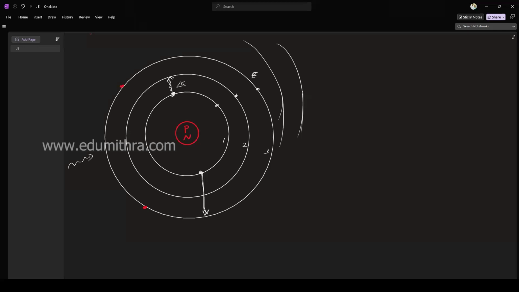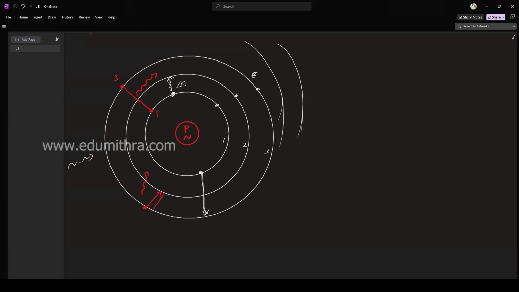Now it can jump to a lower energy state like this. It can jump from 3 to 1, so high energy to low energy. When it comes to the low energy, it cannot keep that high energy. So it has to give off that energy, and that energy will be emitted as light. It comes to this level, and it should emit the energy equivalent to this gap.